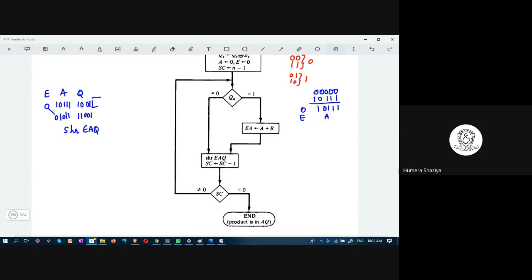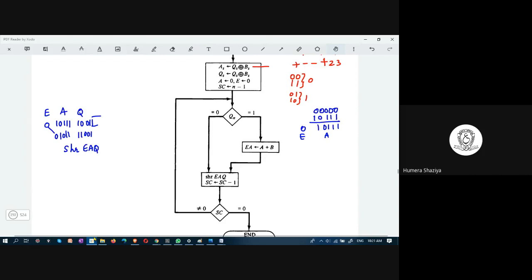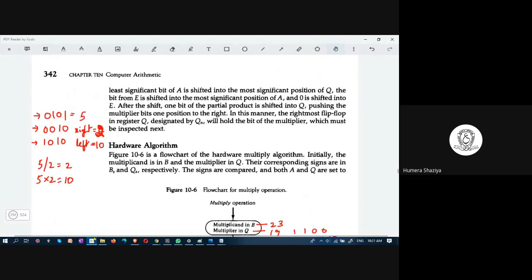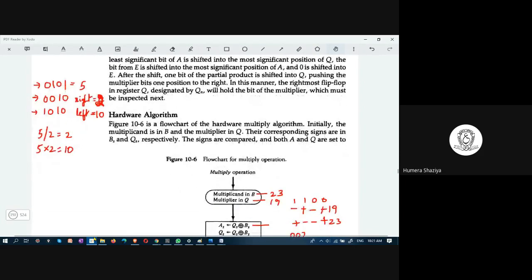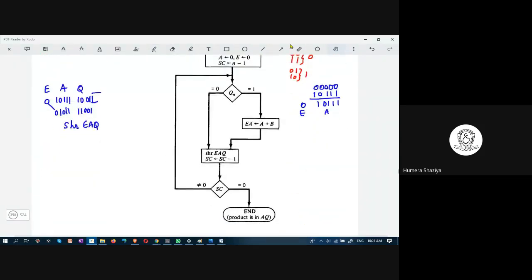B is the multiplicand. A plus B: the accumulator, all zeros, plus the multiplicand, is added and stored in EA.